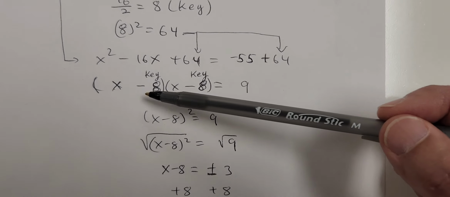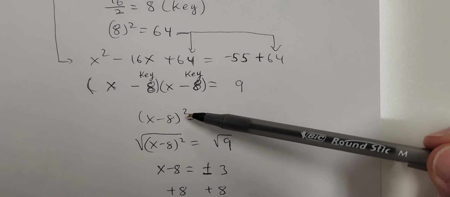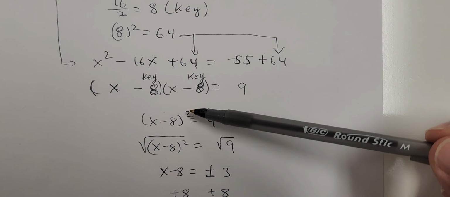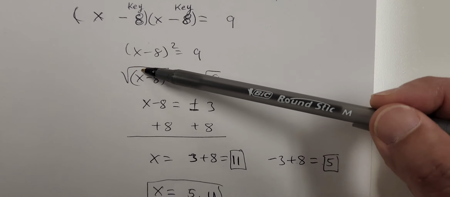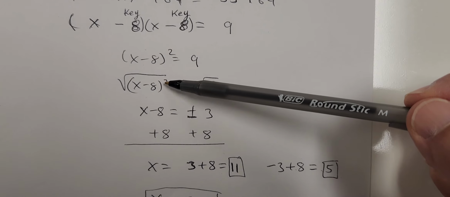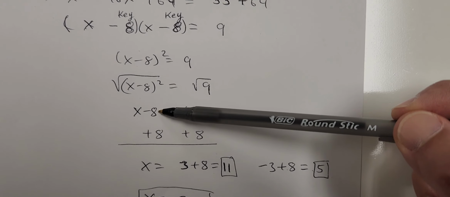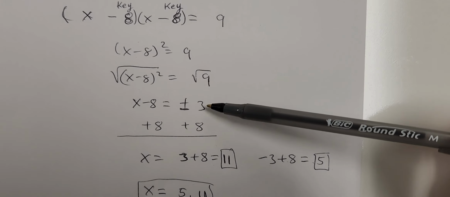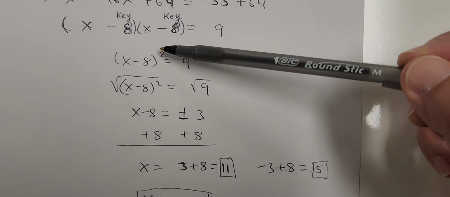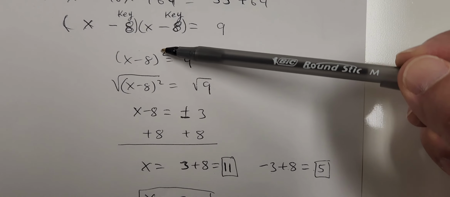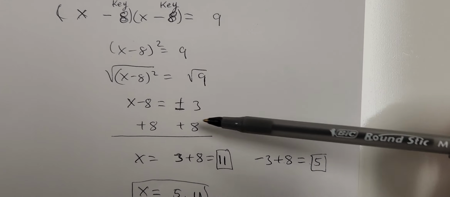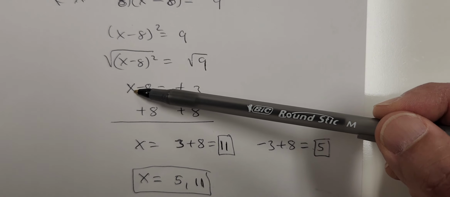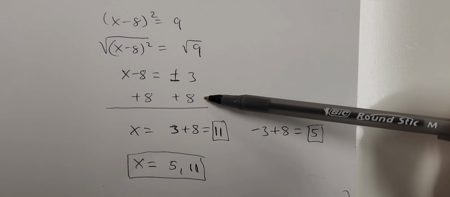And since I have x minus 8 twice, I will rewrite them as a square. Get rid of the square by taking the square root on both sides. So square root and square go away. I just have x minus 8. Square root of 9 gives me 3. However, since this is an even power, make sure you put plus and minus. Next, I want the x by itself, so plus 8 both sides.